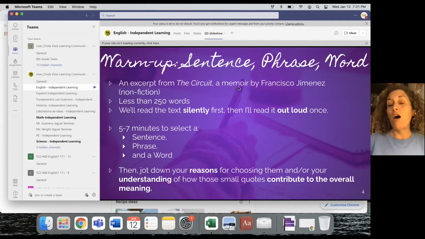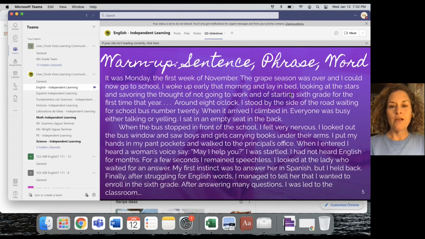If someone writes an autobiography, that implies that they're telling their whole life story. The Circuit in particular is a memoir, so a series of narratives, like a book about the author's childhood experience. Okay, so you're going to be looking for sentence, phrase, and word.